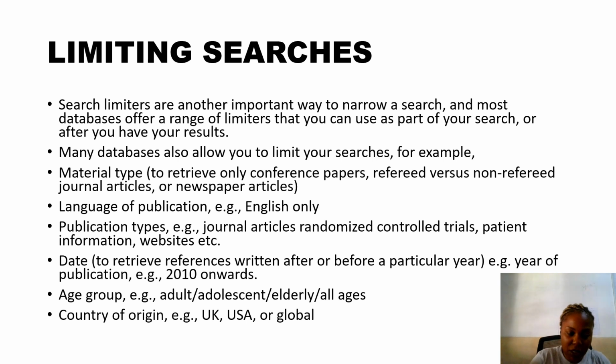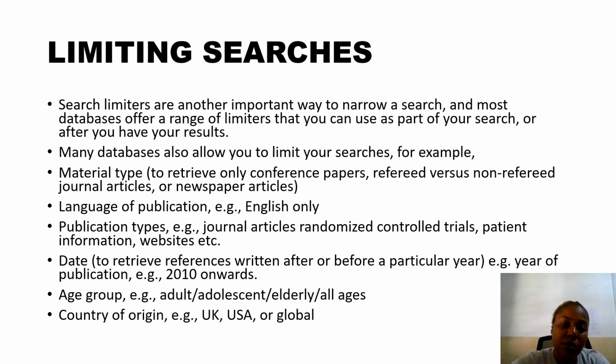You have to limit yourself on the age, if it's the age you are looking for. Then if you are looking for students maybe who are 25 and above, you have to also mention that. Or if you can't mention through the age numbers, you can just say adult students, adolescent students, elderly people, and so forth. If you are looking for all ages, you just be clear saying all ages. So all the papers for students of all ages will just come out.